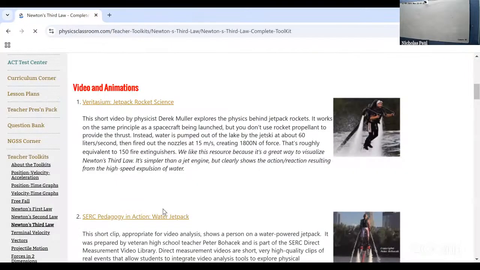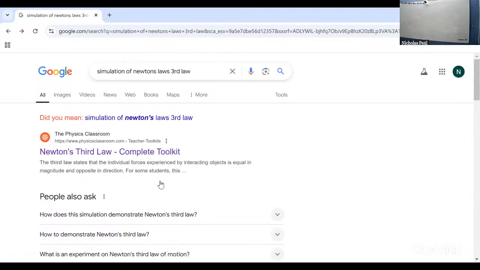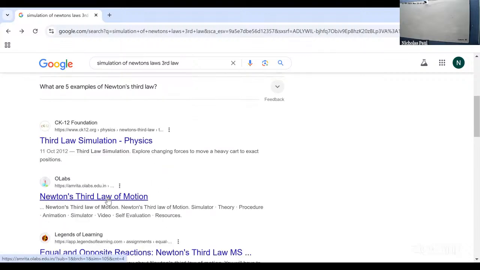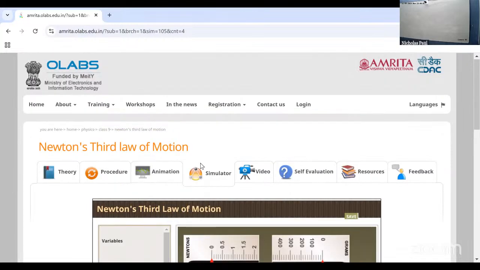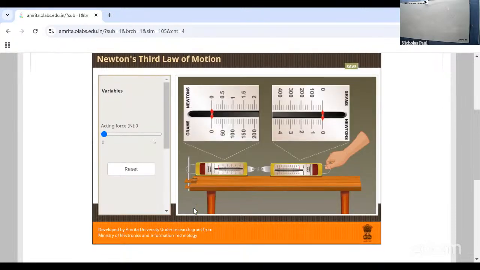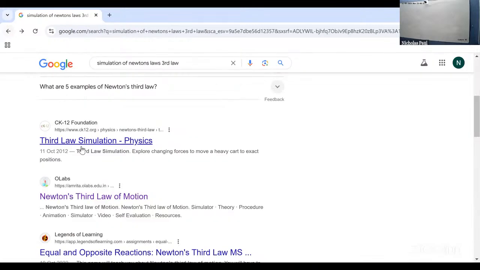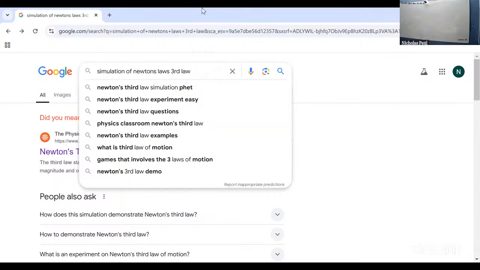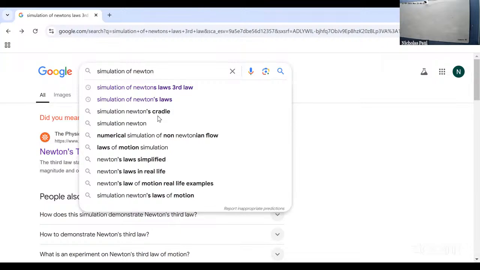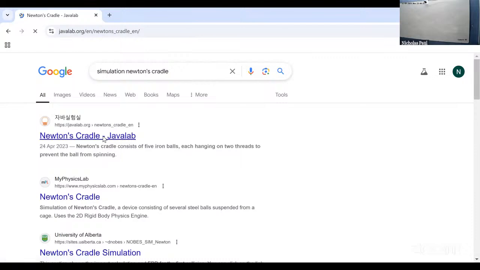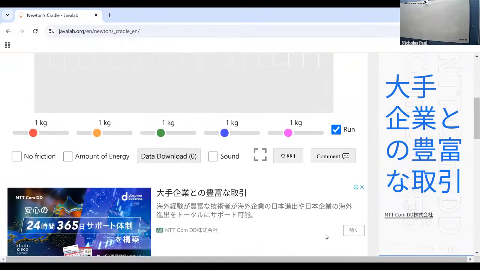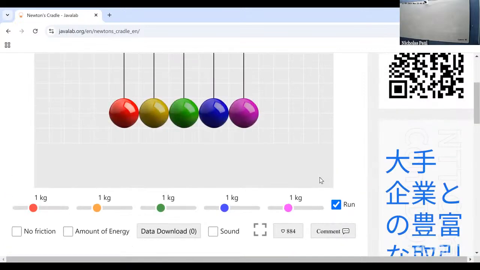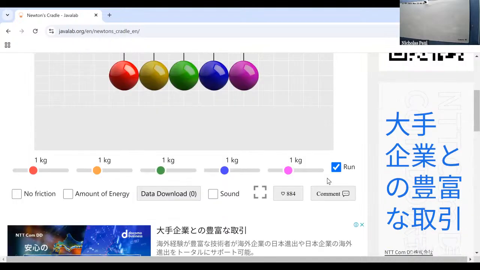I want to show you the simulation, the one with something called a Newton's cradle. Have you ever seen a Newton's cradle before? Can I reduce the number of balls?